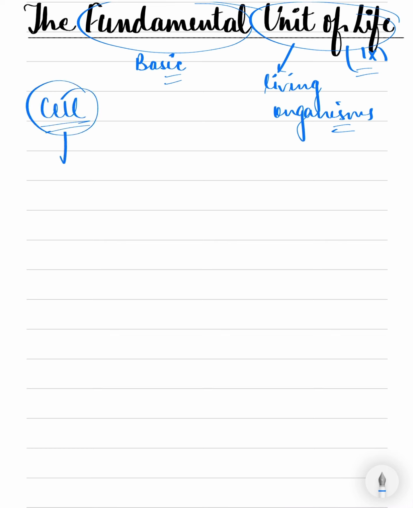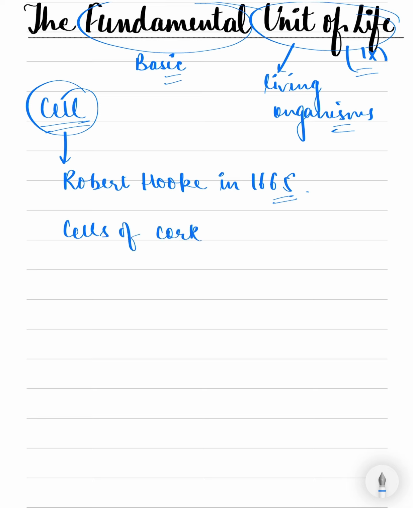The cell was first discovered by Robert Hooke in 1665. Now, how did he discover these cells? He used his self-made microscope, where he observed the cells of cork.